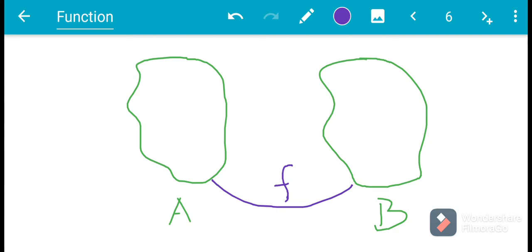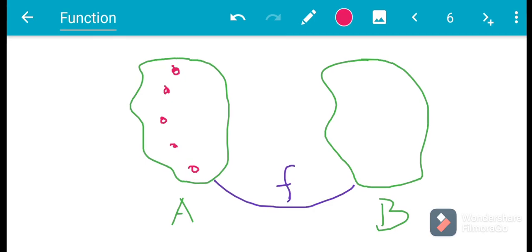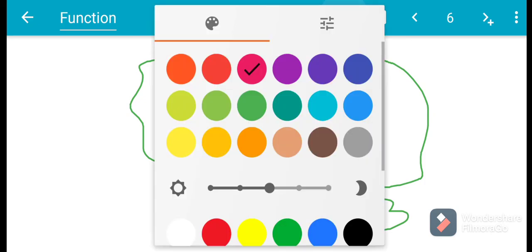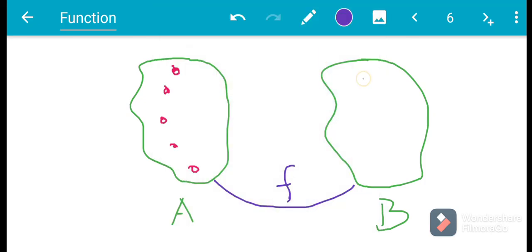Say this part very clearly. Suppose A has 1, 2, 3, 4, 5 points, it is 5 points, and here B has 3 points. Watch this part clearly.